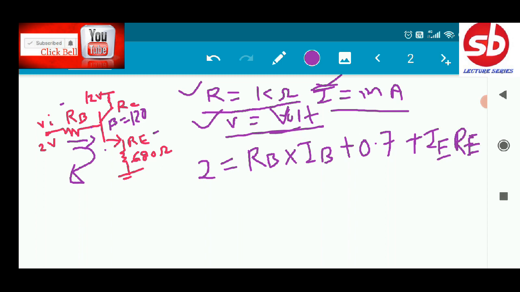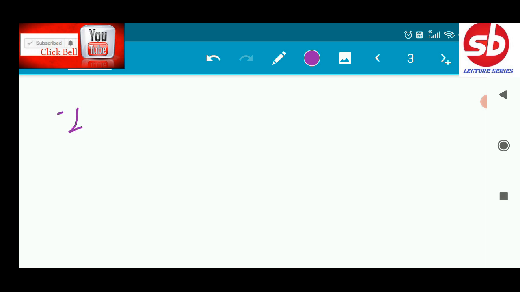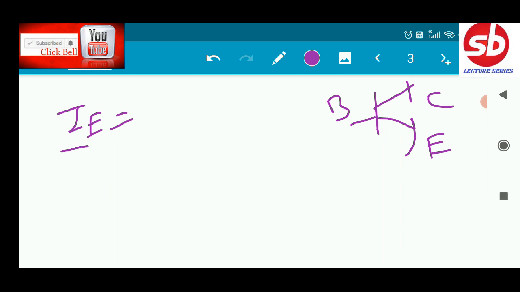For a transistor, the emitter current is equal to the base current plus the collector current.